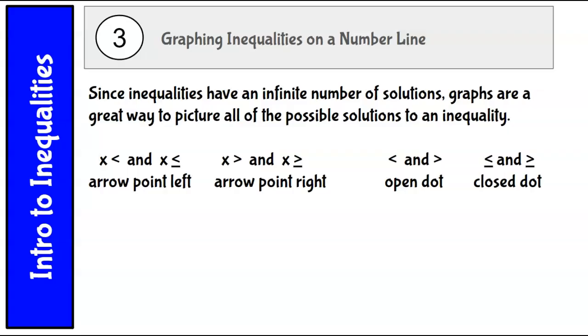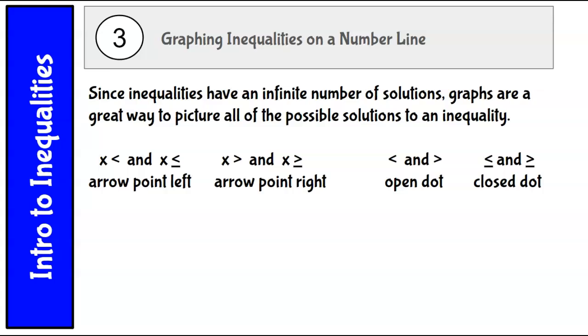Now we're going to talk about how to graph inequalities on a number line. Since inequalities have an infinite number of solutions, graphs are a great way to picture all of the possible solutions to an inequality. If you have the variable on the left side, like it is here, then the arrow points left on the graph. It goes in the same direction as the inequality.